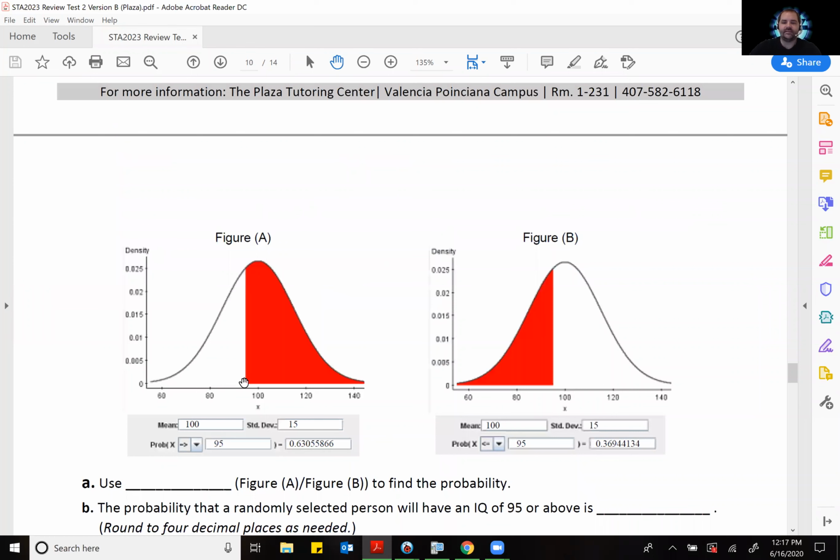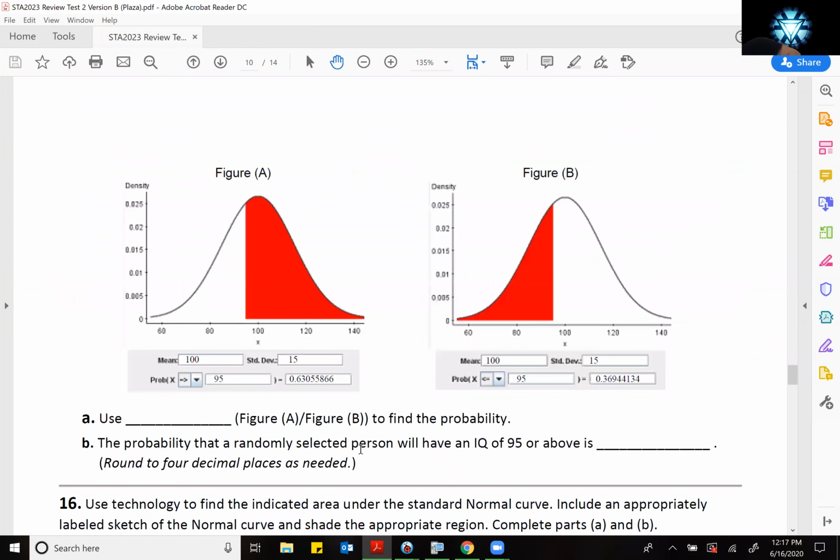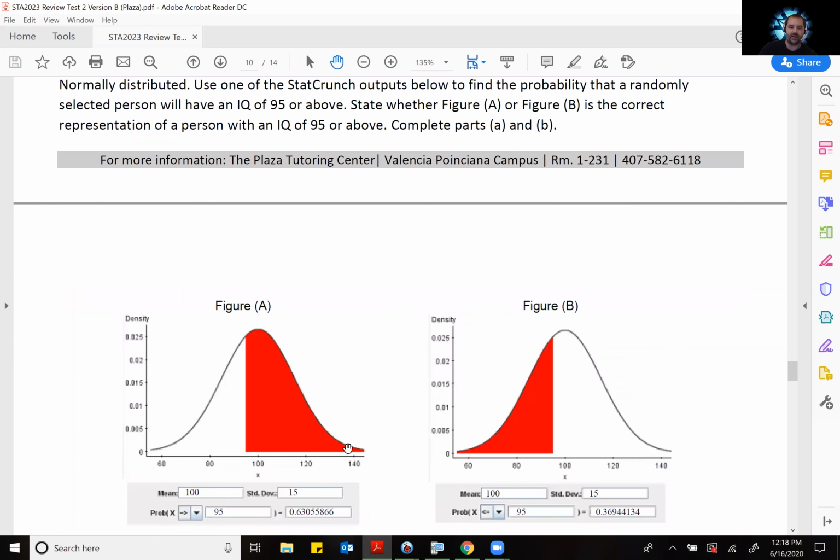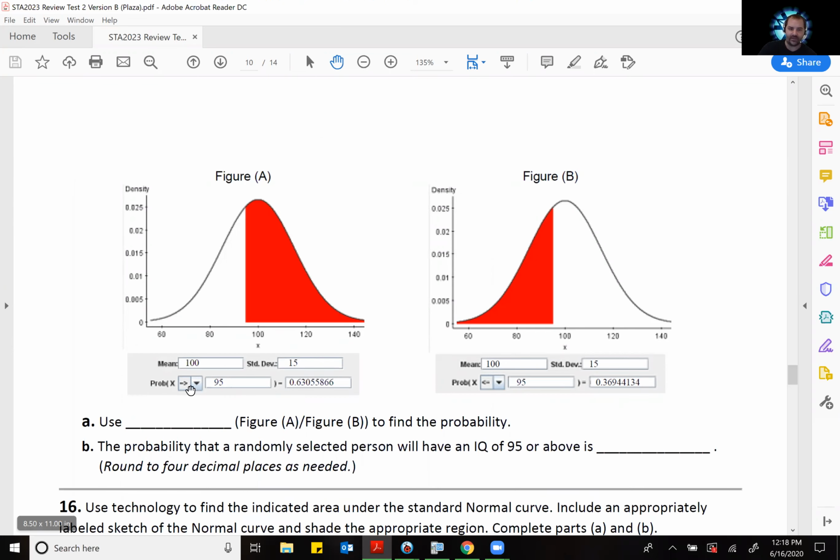So which one of these has the correct information? Figure A. Absolutely. Because you can see right here, whenever you are above, that means you should be shading to the right. And obviously you see the greater than symbol there. So it's definitely figure A for part A.